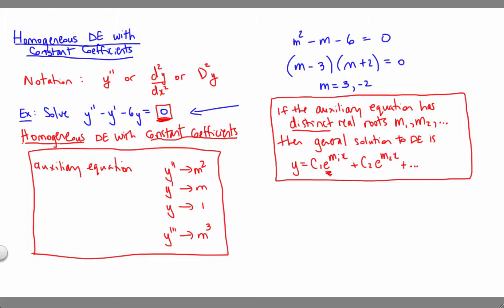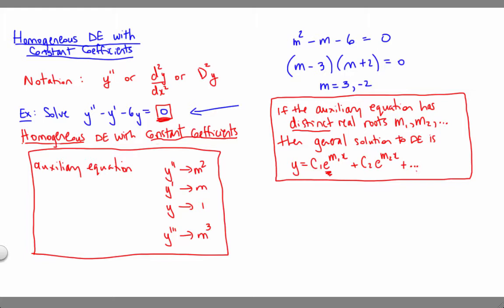The roots are going to go into the exponent. The roots will be actually the coefficient of the x in the exponent. And each term is going to have an unknown constant as a coefficient. So we'll have c1 e to the m1x plus c2 e to the m2x, and if we had more than 2 roots, then we would just continue to add terms in a similar way.